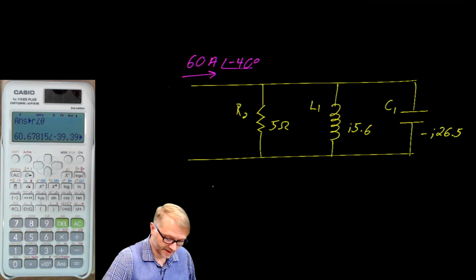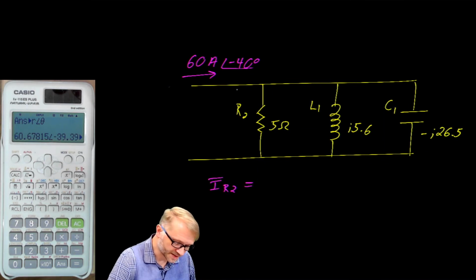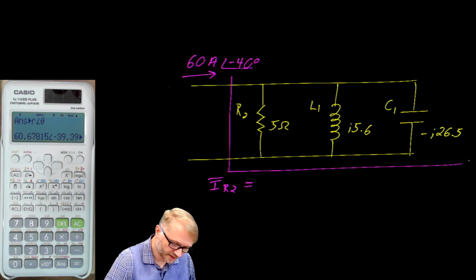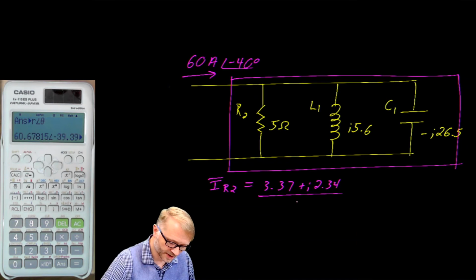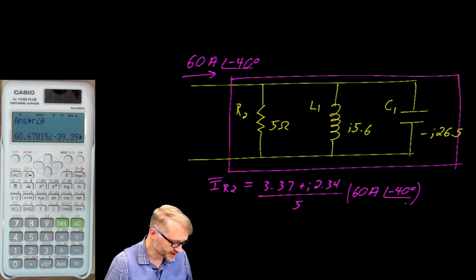Using the current divider, the current on R2 is the total parallel piece, which was 3.37 plus J 2.34 over 5 multiplied by the source. In this case, 60 amps at a phase angle of negative 40 degrees.